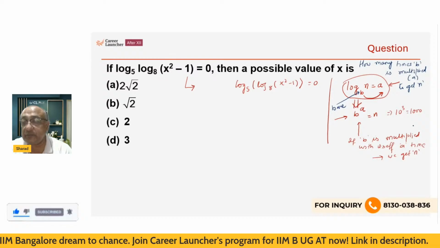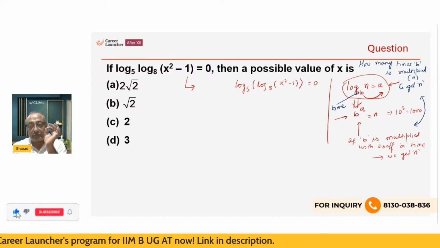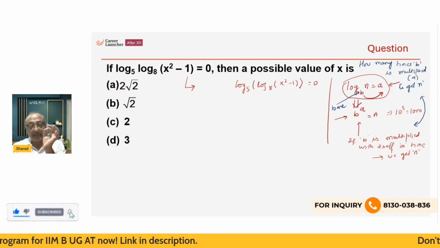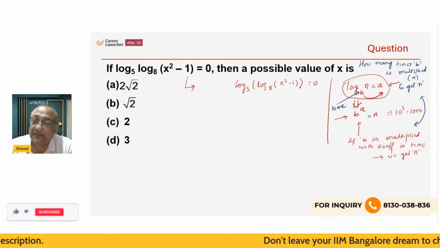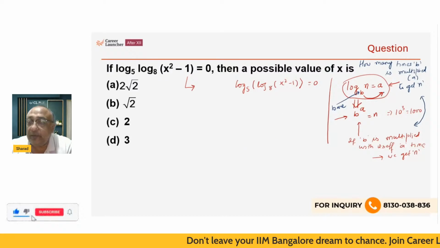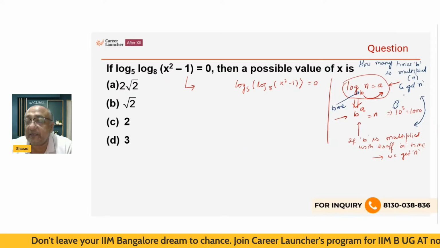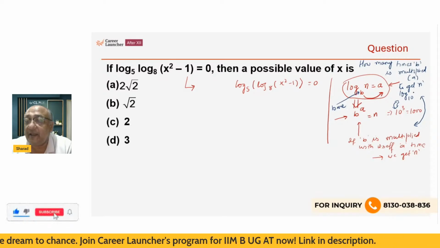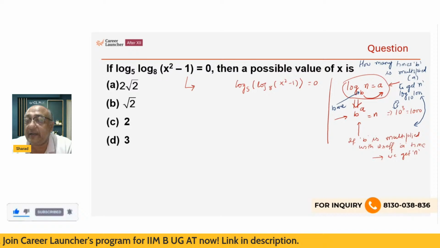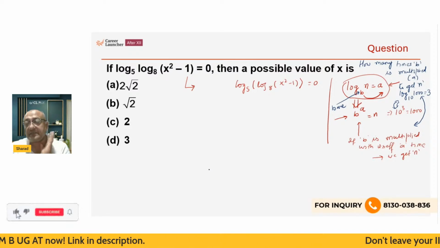So these two statements, this blue and this red, are the two statements which actually relate log and the power function. So this 10 cube is equal to 1000 has an equivalent in log. What is the base? 10. So log with base 10, how many times will it get multiplied to get 1000? 3 times. So this is the concept.